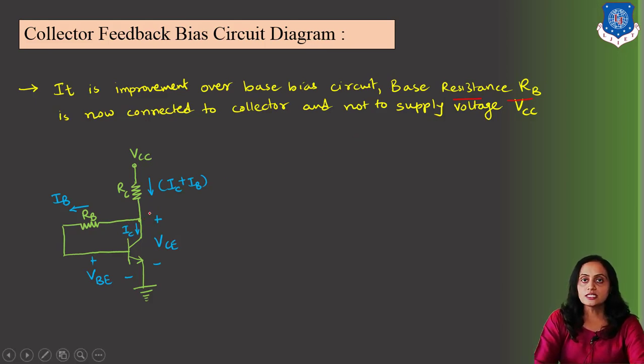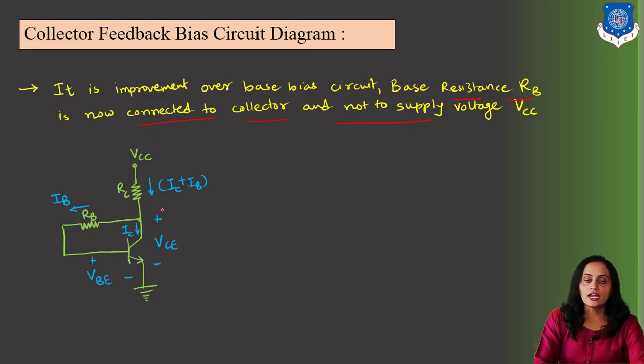In the previous biasing circuit, that is the fixed bias circuit, this base resistor was connected to the VCC. Instead of connecting it to the VCC, we have now made a change in this biasing circuit: this base resistance is now connected to the collector and not to the VCC.